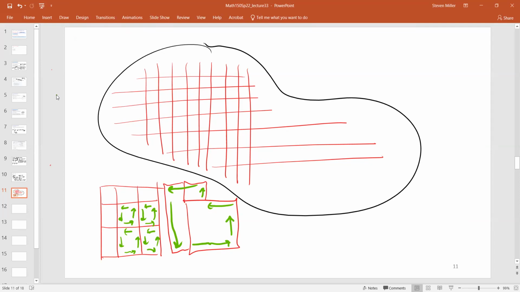So all the interior segments would cancel and it would just push out to the boundary. So as I keep doing this, it's going to get closer and closer and closer to integrating over the boundary.